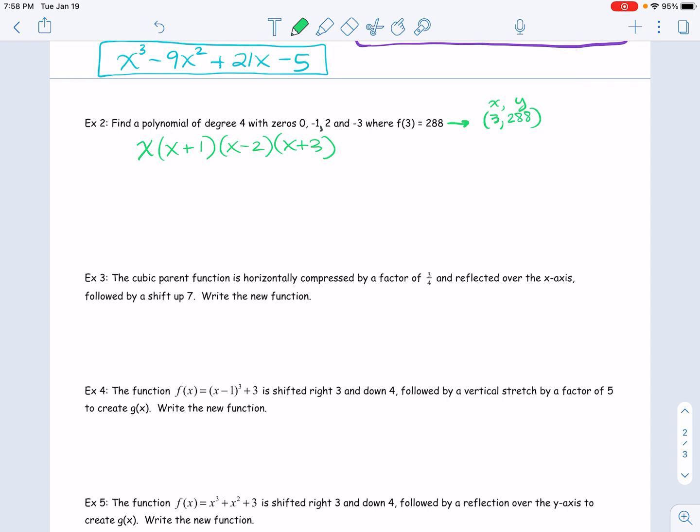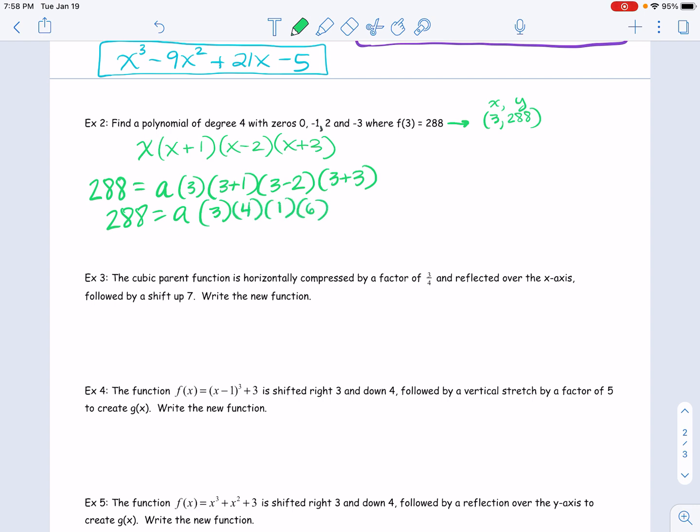So that's what we're going to do. I'm going to say 288 equals a times 3 times 3 plus 1 times 3 minus 2 times 3 plus 3. Okay, so that's 288 equals a times 3 times 4 times 1 times 6. 3 times 4 is 12, times 1 is 12, times 6 is 72.